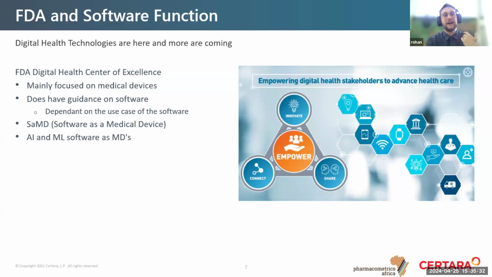However, they now do have guidances on software, and it's heavily dependent on the context in which your software will be used. So is it a point of care device? Is it for teaching? Are you using it for, say, collating data? There are different use cases, and it falls under different paradigms for the FDA in terms of the types of approval you need.